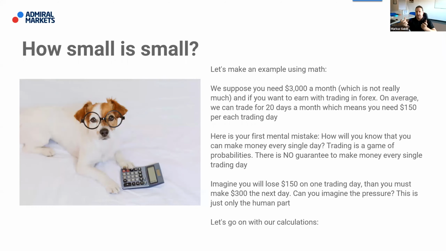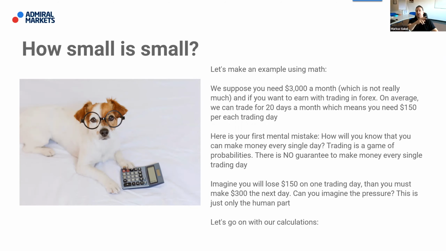But now imagine you're sitting at home. The kiddies are at school, your wife is somewhere else, you're in your office and you want to make money. And then you start trading. Your first trade is a loser. Instead of $100, you lose $50. Then you start your second trade.